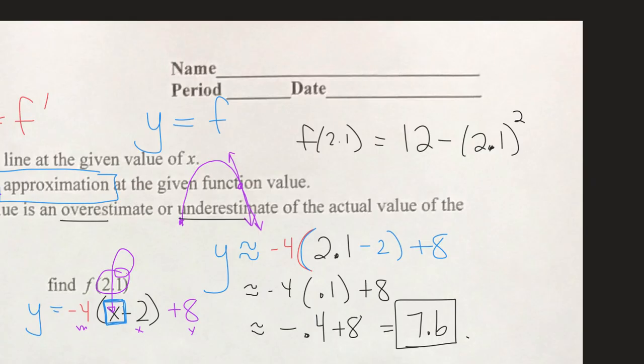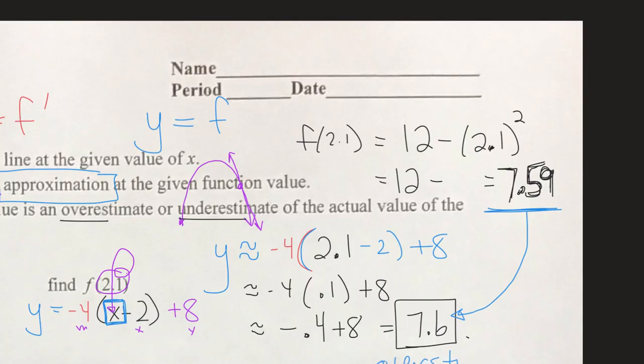I personally am not a genius at my squares, so I don't know what 21 squared is. So I'm going to use my calculator. So our actual value, when we plugged it in, is 7.59. And my approximate value is 7.6. So is my approximation above or below? Above. So this is an overestimate, not by much. Overestimate has an E, estimate.